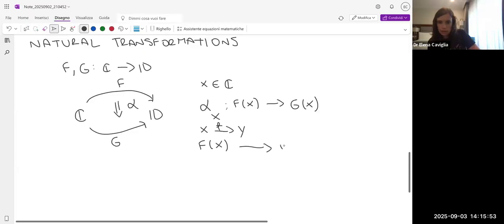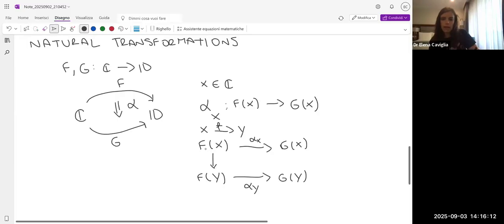We can consider alpha X, and we can consider alpha Y. And now we can go from F of X to F of Y with F of f, and from G of X to G of Y with G of f. And this square needs to be commutative.